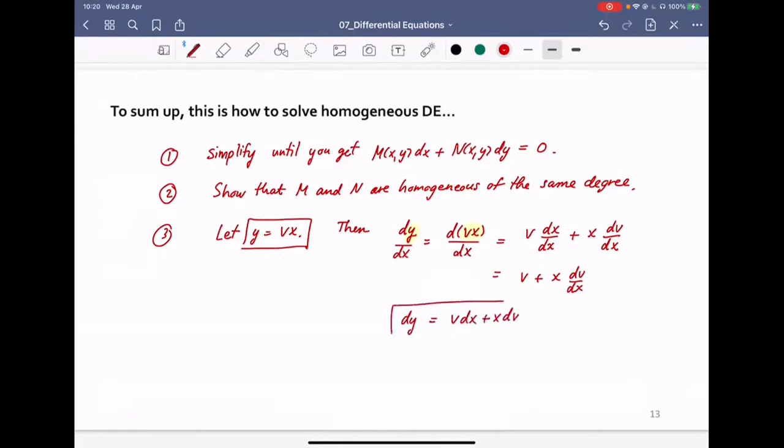All right, that is the thing that you can use when you solve the differential equation.